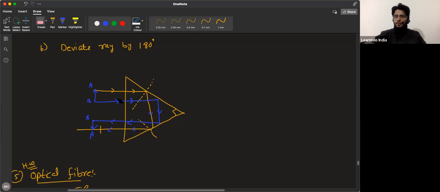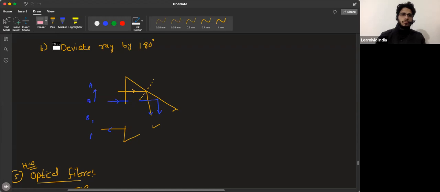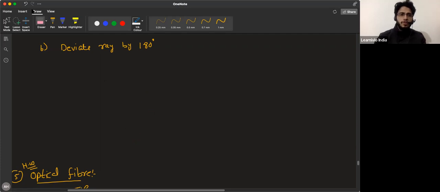So see, how will you deviate your ray by 180 degrees? So let me run this first. The same prism can be used to deviate your light ray by 180 degrees.